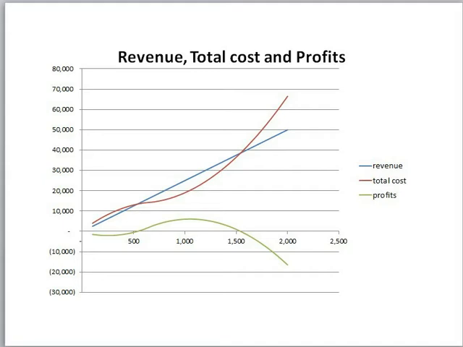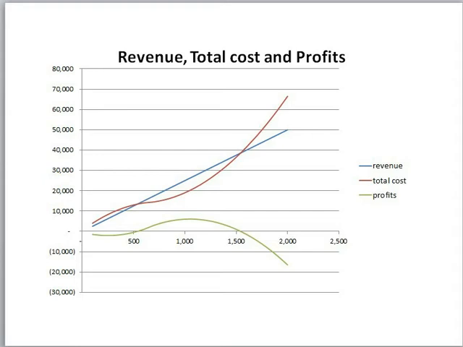It cannot be before, because before we reach that same slope, the distance between the blue line and the red line is still increasing, and if we exceed the point in which they are the same, then they are converging to the same point, meaning that there is a diminution or reduction of the profits. So in order to maximize the profits, we make sure that the slopes of these two lines are the same.